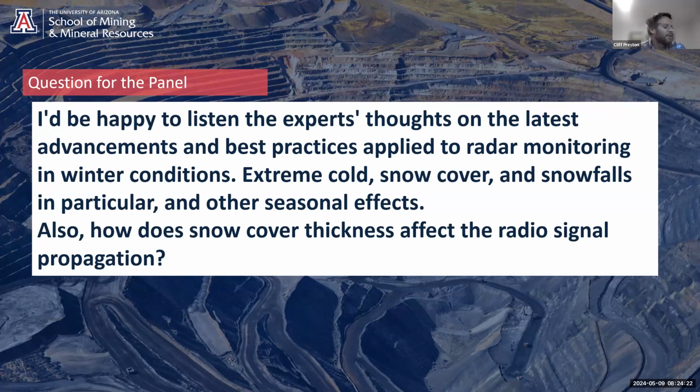Cliff? Yeah, I think that snow cover can be kind of complicated, in particular because the radar signal is affected in different ways. And there are a lot of sites that use radars in places that have snow coverage. And as Albert was saying, there are many cases where an atmospheric algorithm can help correct for a lot of that.